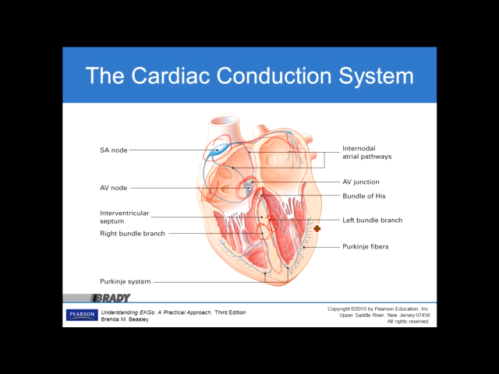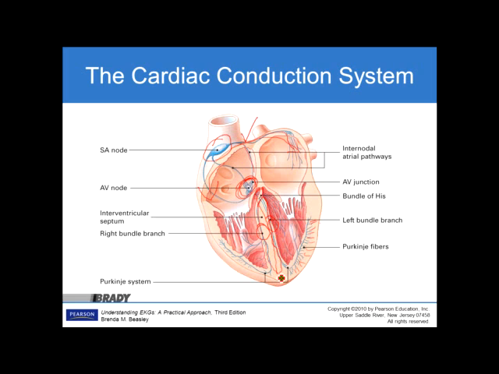Now down here at the bottom, the Purkinje system, all these little fibers, is what transmits the electrical stimulus into the myocardial tissue. So again, back up to the top, sinoatrial node fires. Travels across the atria, simultaneously contracting the atria. The wave then hits the AV node, which fires, transmitting the electrical stimulus into the left and right bundle branches.